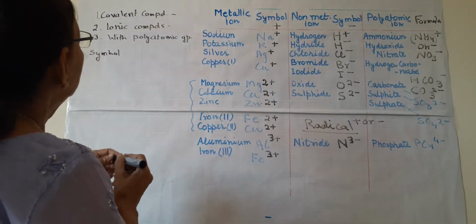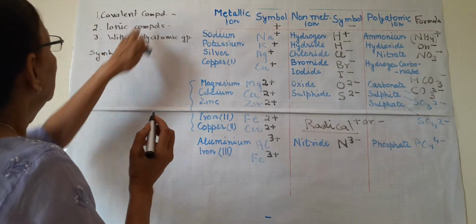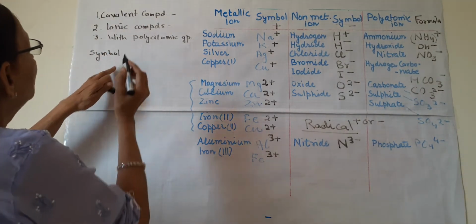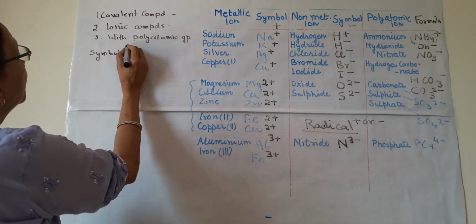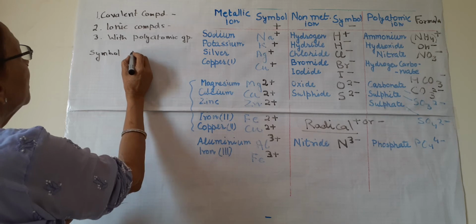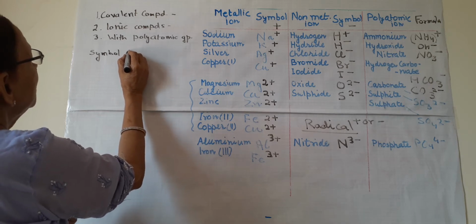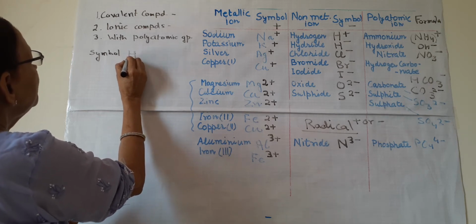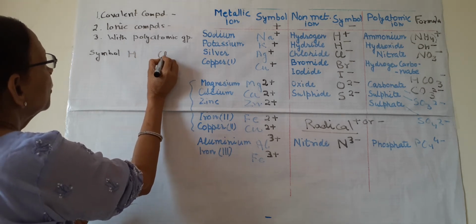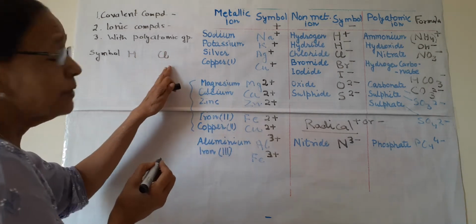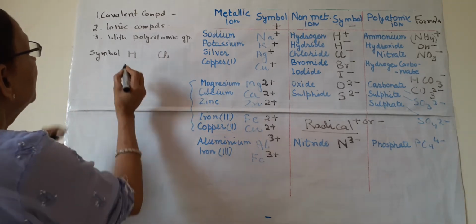So we will see. First I am writing the formula of covalent compounds, and I am writing the formula of hydrochloric acid. It has 2 elements, one is H, other is chlorine. So 2 atoms are present in HCl.